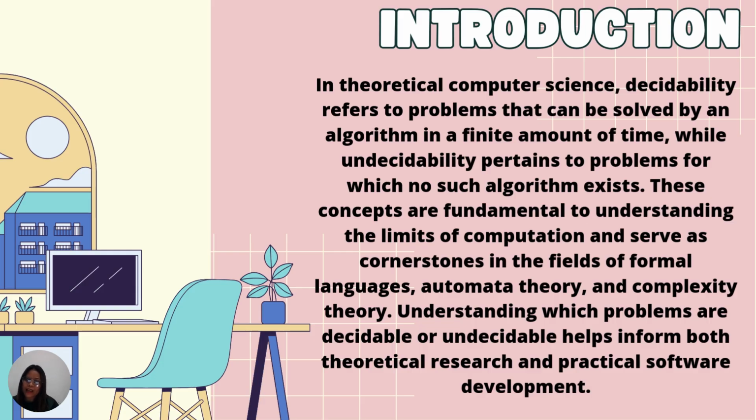Now, in theoretical computer science, decidability refers to problems that can be solved by an algorithm in a finite amount of time, while undecidability pertains to problems for which no such algorithm exists. So a decidable problem is solvable by an algorithm in finite time, while for undecidable problems, no algorithm exists to solve them.